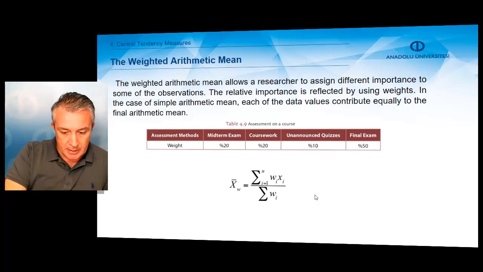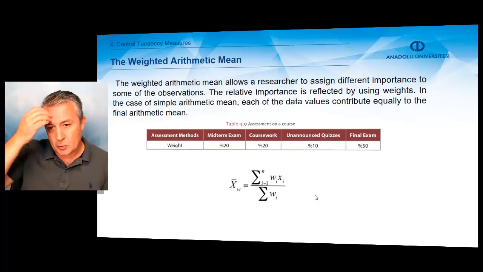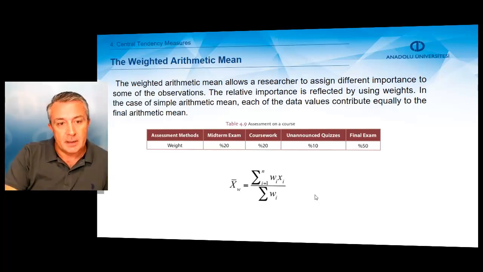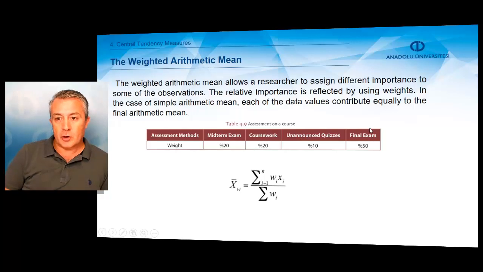Another approach in arithmetic mean is to look at weights. It's very easy to see an example from a student's life: assessment on a course. As you can see, there are different assessment methods. We have midterm exam, coursework, unannounced quizzes, and final exam. And their weights, or the importance given to them, are different.